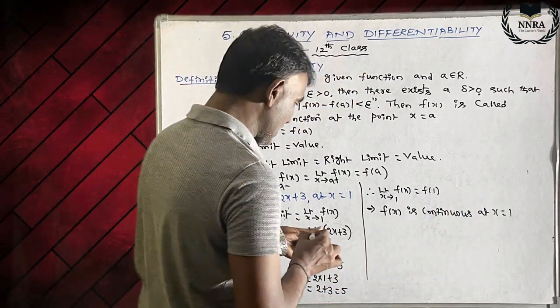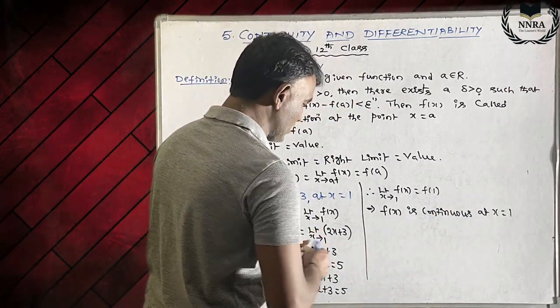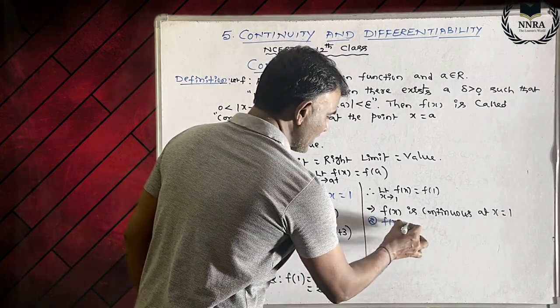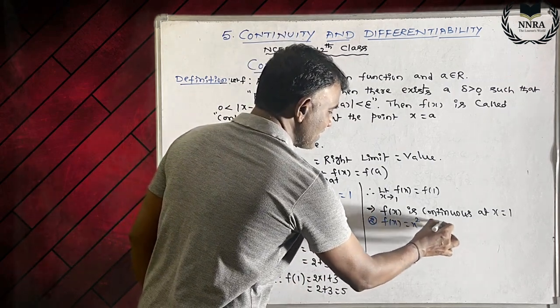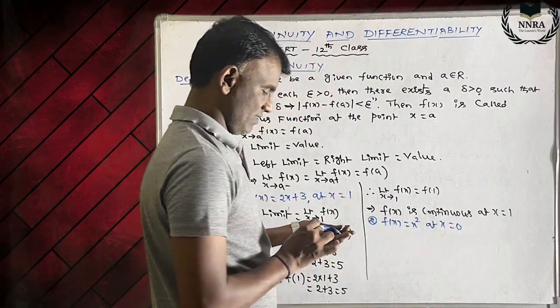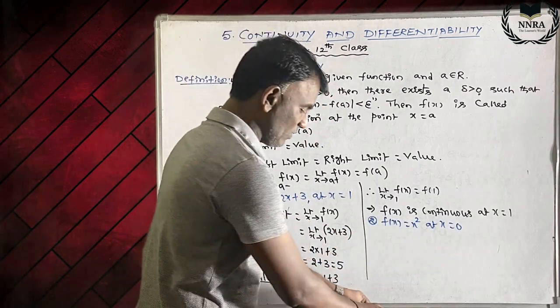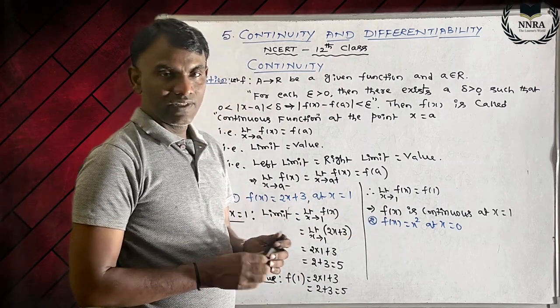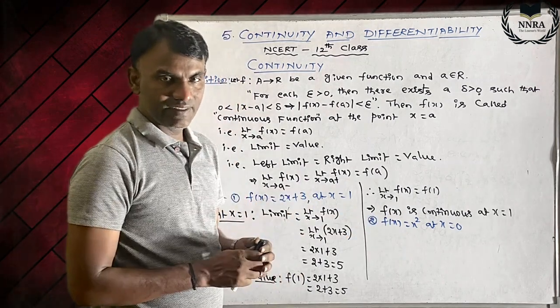And coming to the second example, just I am writing here only. f of x equal to x square at x equal to 0 is given. Clear? Now here also the same, function and point are given, so just we find limit and value. Got it?